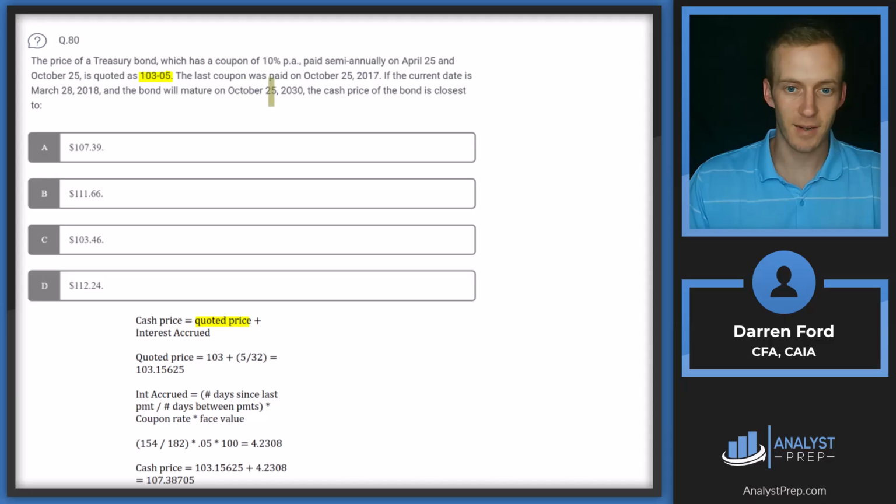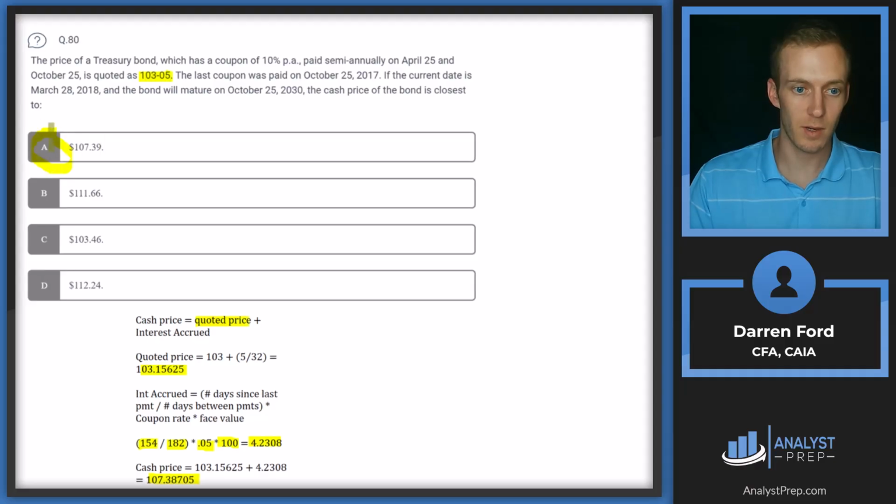They wouldn't make you calculate the exact number of days between these dates. Anyway, we've got number of days since last payment, which is going to be 154, and then number of days between payments, which is 182, multiplied by that coupon, which is semi-annual, 5%, and then multiplied by 100 face value, gets us 4.2308. So we're just going to add this to that quoted price, which gives us 107 and some change, which corresponds right here with answer A.